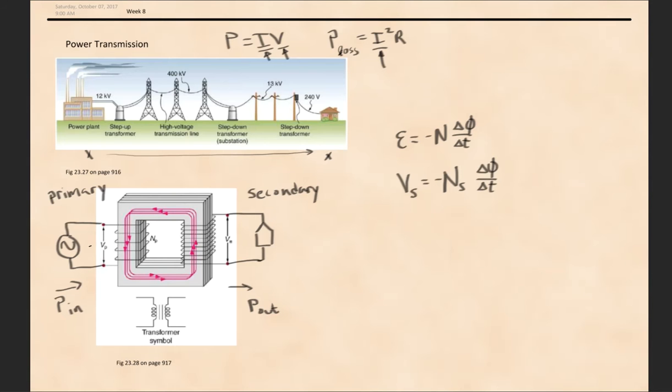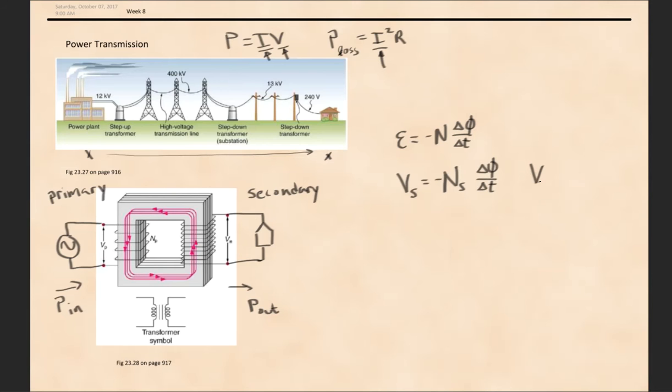On the primary side, the voltage that comes into the transformer will create a magnetic field. Now, you have to go through the derivations of, given a current, what magnetic field does that create? Given these coils of wires, how do I find the magnetic field inside of a solenoid?